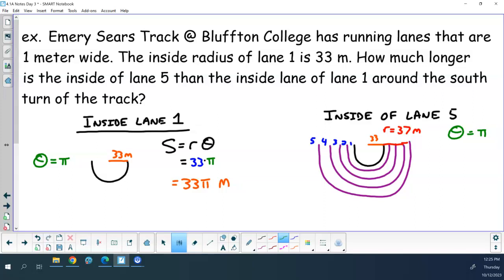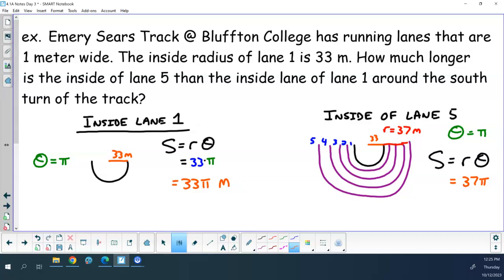So what is the arc length of the inside of lane 5? 37 pi meters. Okay?